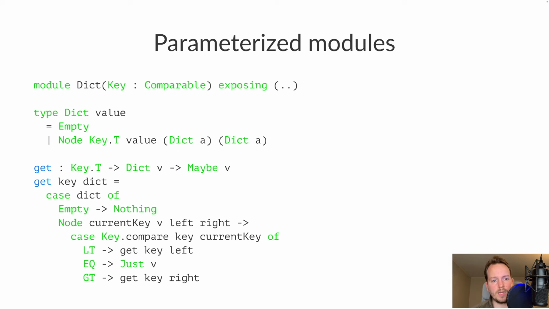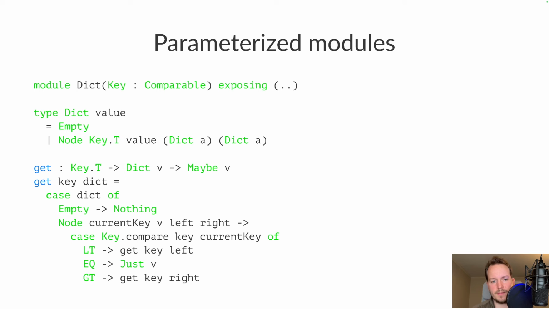And so if you want to read from this dictionary, then we need some key that we want to look up, and then of course the dictionary itself. And if the dictionary is empty, we can return nothing. If we find a node, then we will compare the key we're looking for with the key of the node, and then based on the result, either return the particular value we're left with, or we will descend into either the lesser than or the greater than keys.